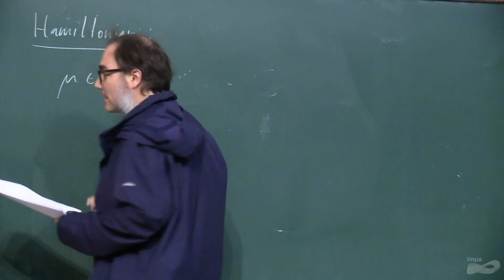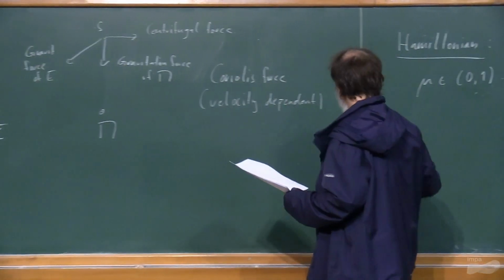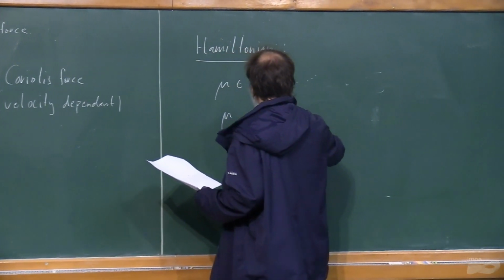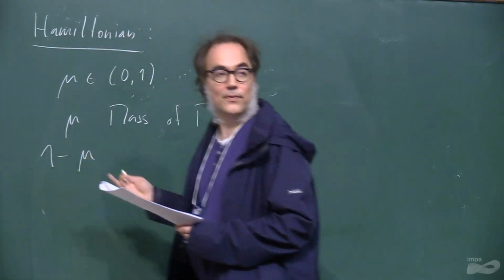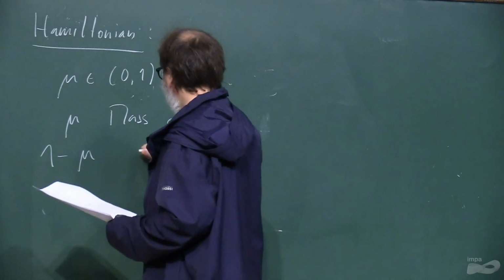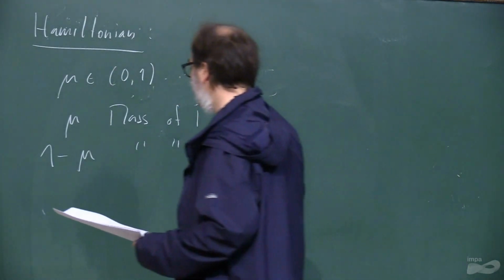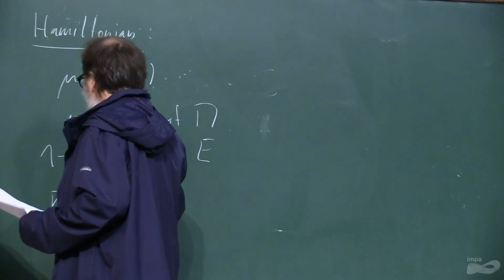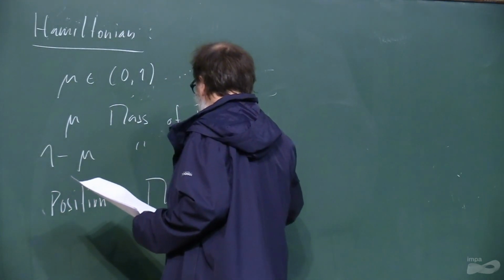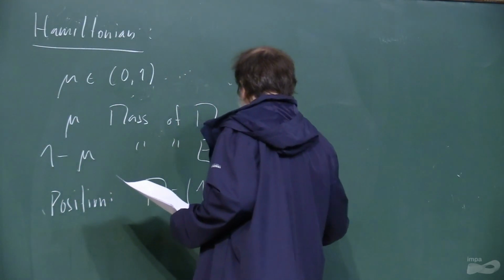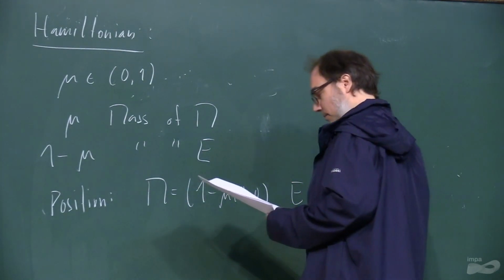Mu lies between 0 and 1, and mu is the mass of the Moon, and the total mass is 1. So our kilogram is the mass of the Earth and the Moon. And for the positions, the Moon is at (1 minus mu, 0, 0), and the Earth is at (minus mu, 0, 0).